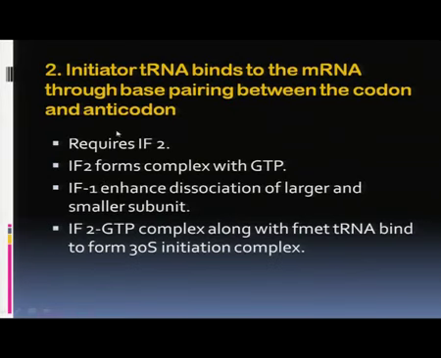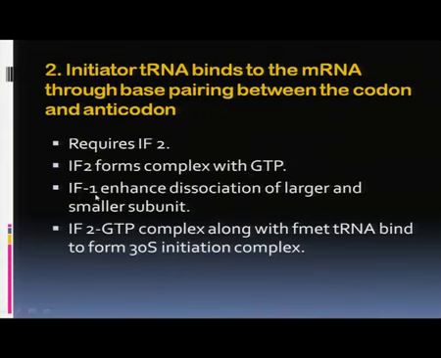The next step is that the initiator transfer RNA binds to the messenger RNA through base pairing between the codon and anticodon. This step requires IF2, that is initiation factor 2. This initiation factor 2 forms a complex with a GTP molecule as an energy source.